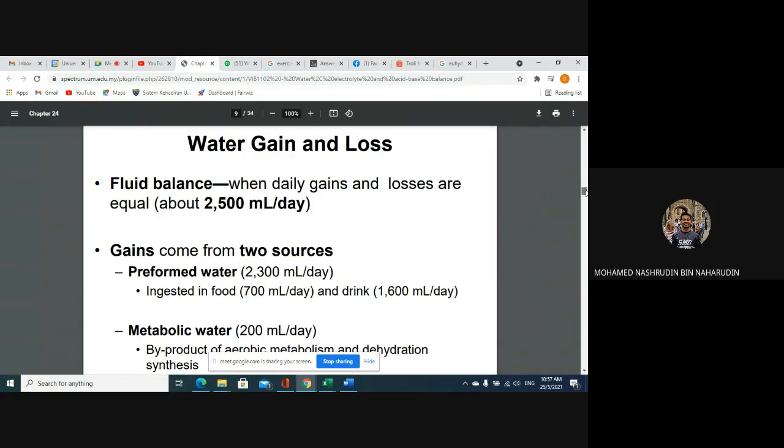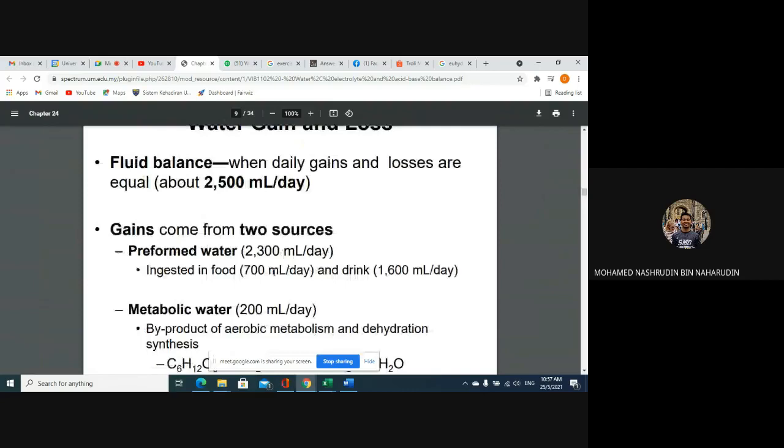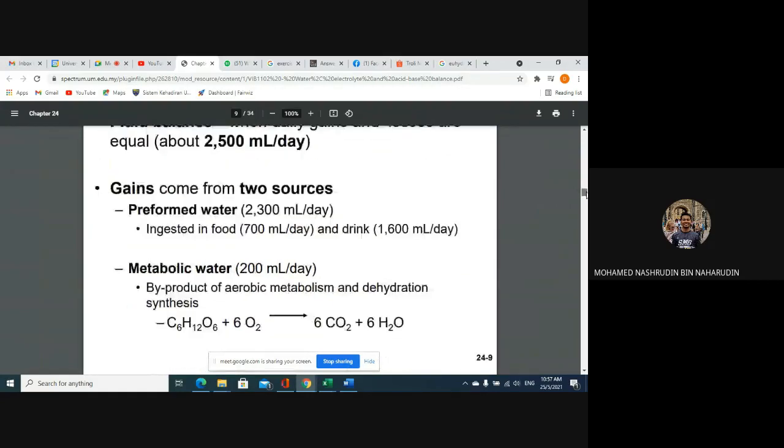Based on this proportion, 200 milliliters is from the ingested food, while 1,600 is from the drink, the beverages that we consume. The remaining comes from metabolic water, the byproduct of your metabolism and dehydration synthesis, as you can see in the equation here.